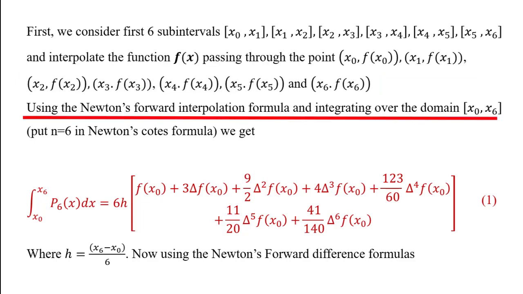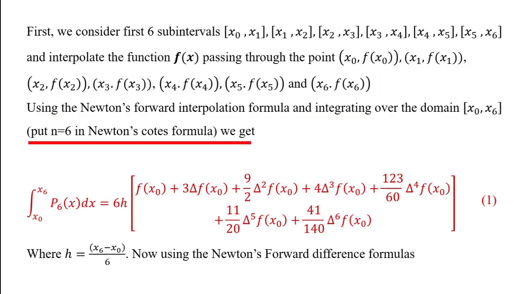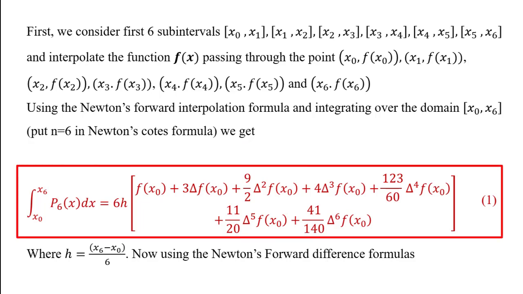Using Newton's forward interpolation formula and integrating over the domain x0 to x6, or putting n equal to 6 in the Newton-Cotes formula, we get the following form given in equation 1.